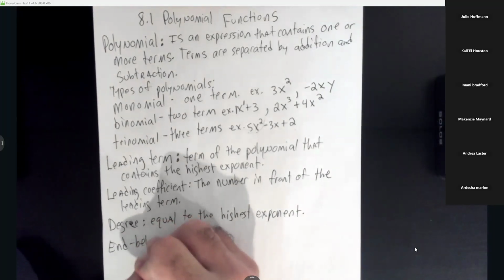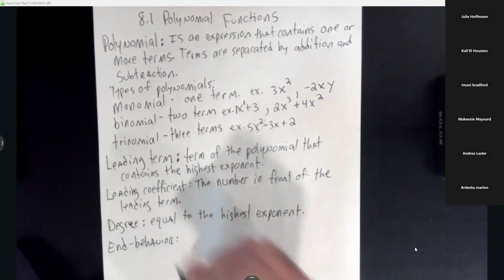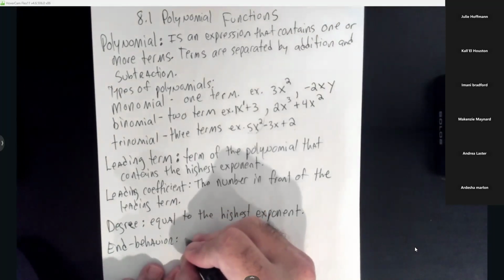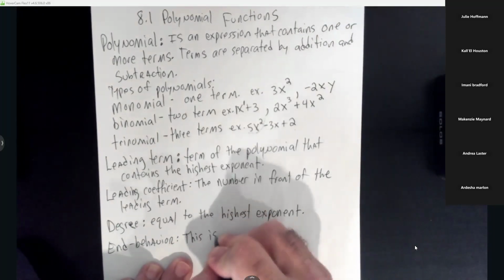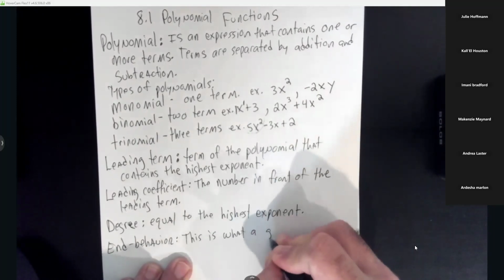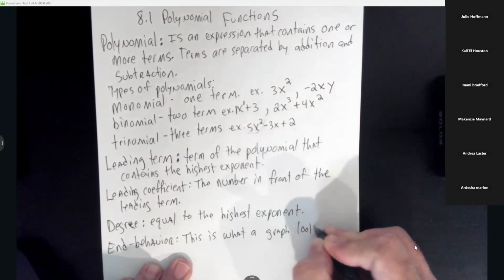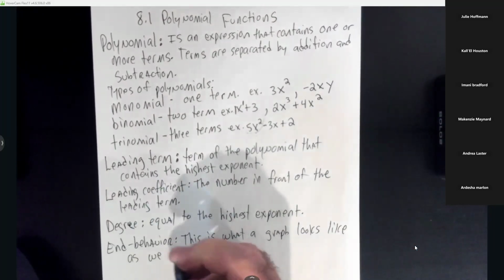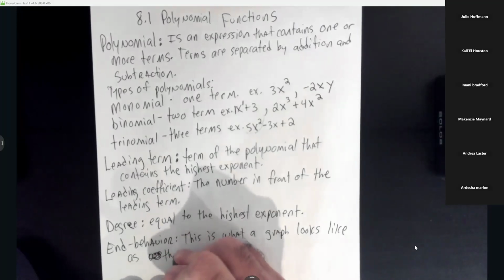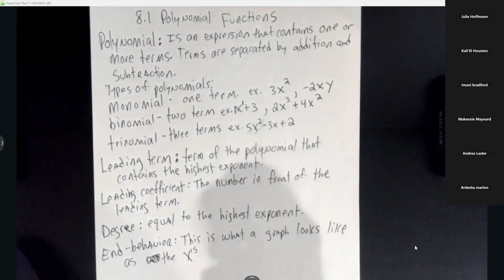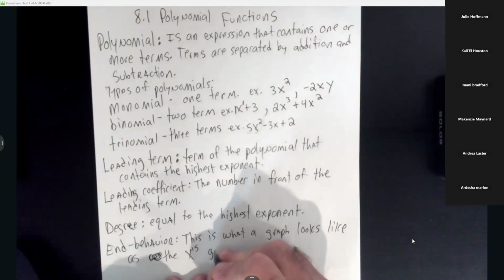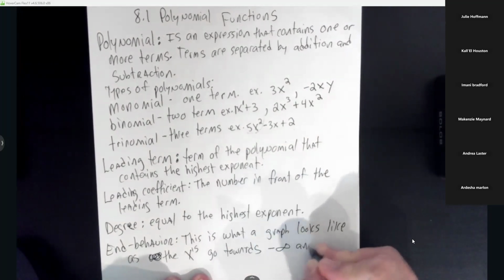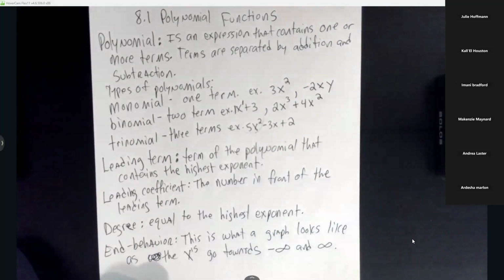So the end behavior, this is what a graph looks like as my x's go towards negative infinity and positive infinity.